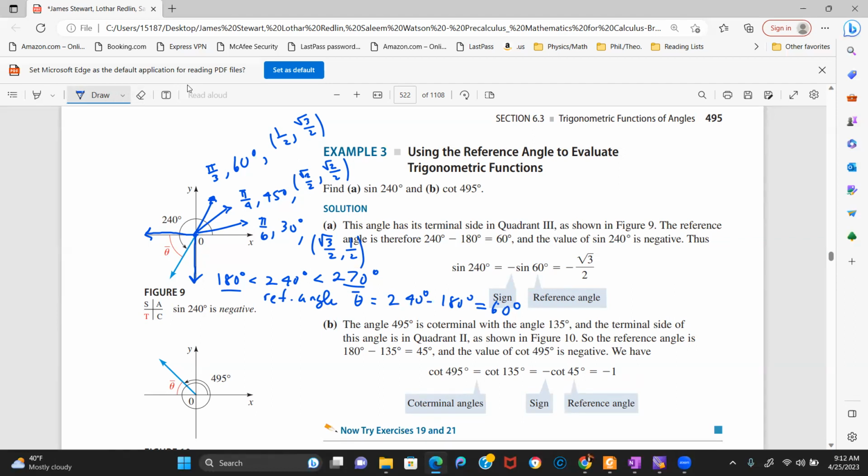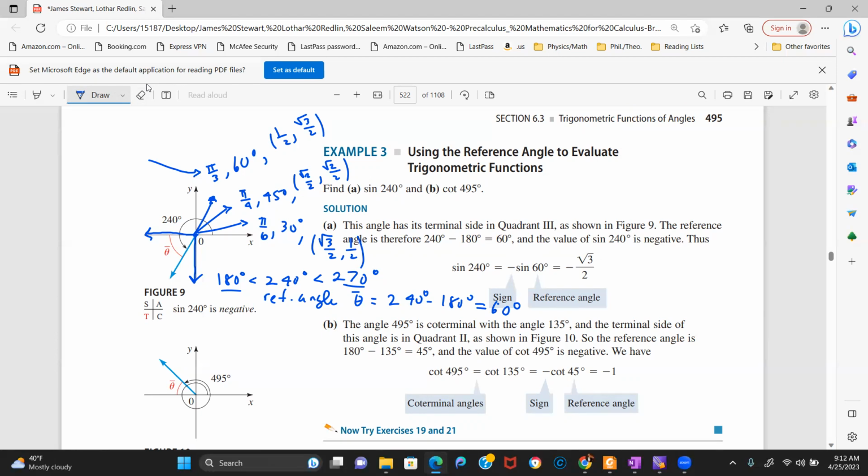You can evaluate these trig functions using this new approach, or you can evaluate it just using the unit circle, and I always just think in terms of the unit circle. So we have this 60-degree angle, and that corresponds to pi over 3.